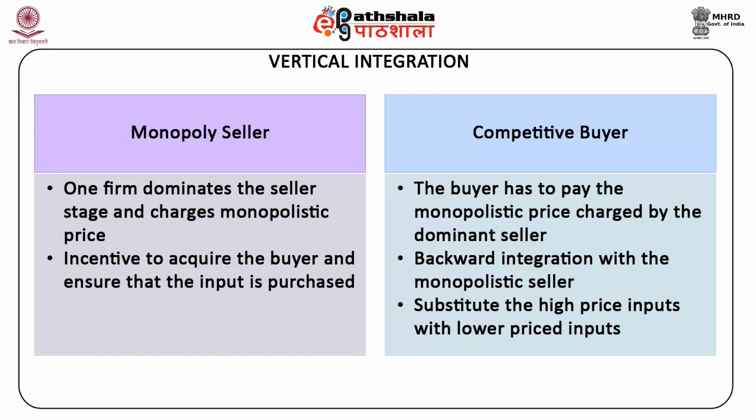The other option available to the buyer to evade the monopolistic price of the input is to substitute the higher price inputs with lower priced inputs, if only the buyer can vary the combination of inputs. This would limit the market power of the dominant seller. In turn, the seller may have an incentive to acquire the buyer and ensure that the input is purchased.